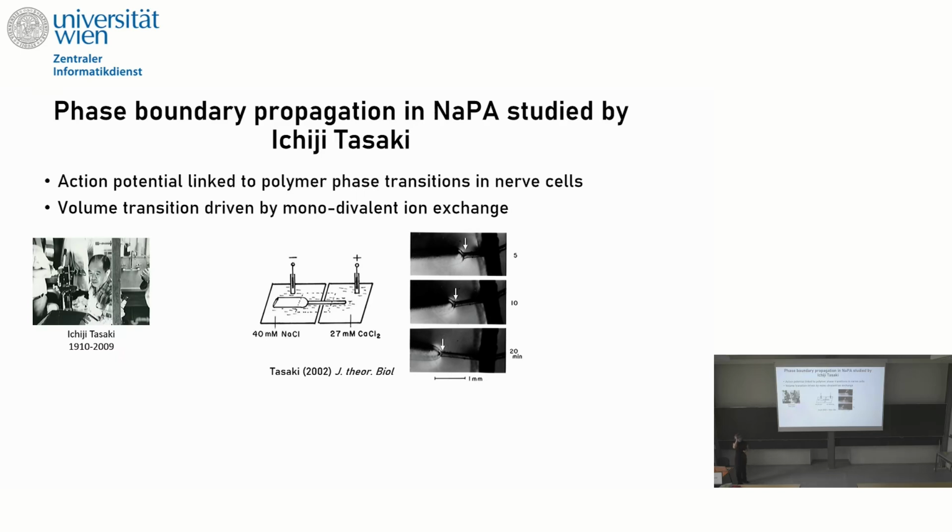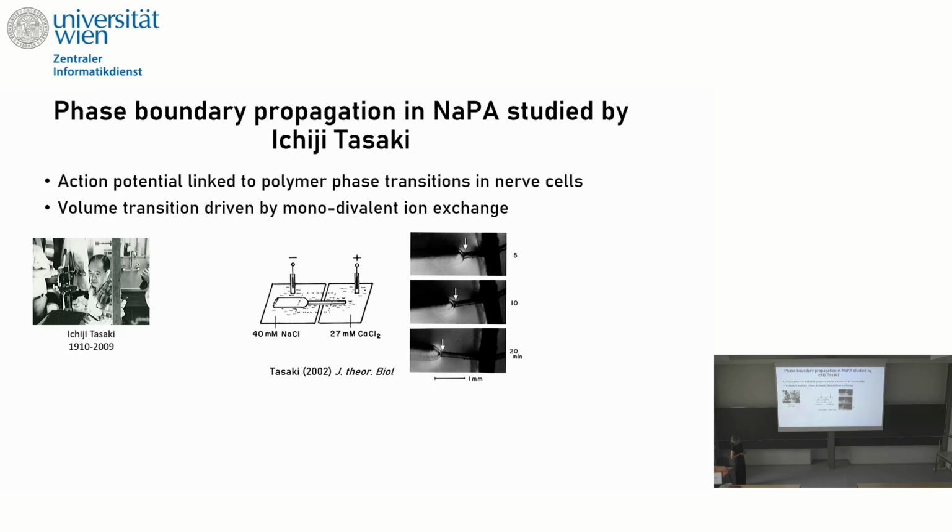So we were inspired by Tasaki's work. Tasaki was a Japanese biophysicist and medical doctor. He studied brain cells, and he wanted to use sodium polyacrylates as a model for his phase transition paradigm in nerve cells.